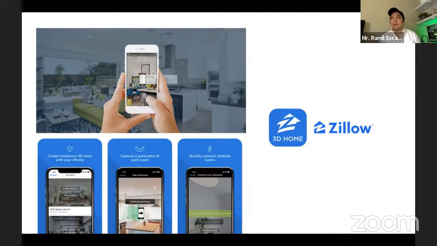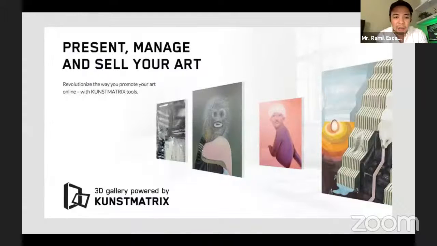But if we don't have access to a space, or we really need a 3D online representation of our real space but can't capture or scan it, our option would be, I guess, Kunstmatrix.